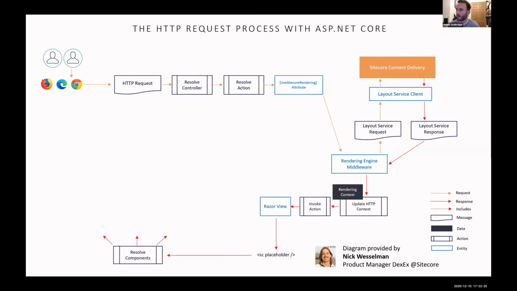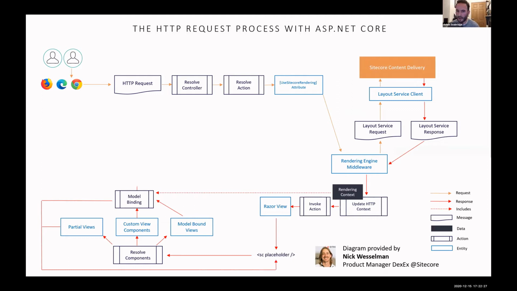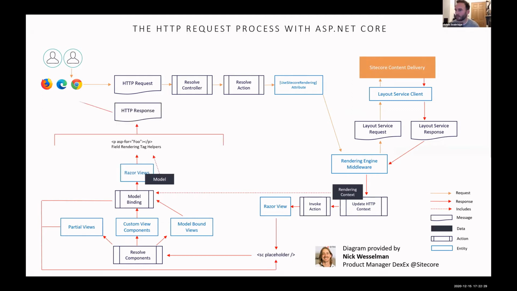And then the root placeholders are rendered with tag helpers, and then models are bound to the views, and tag helpers are used in the view to render out the fields from the model. And then the final response is returned back to the user. So it's a little bit complicated, but hopefully it'll start to make a bit more sense in the demo later when you see how the various elements work together.